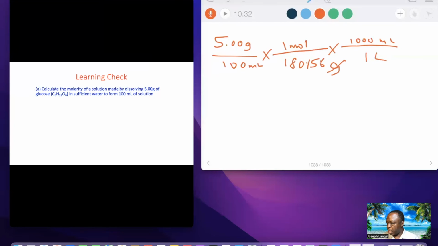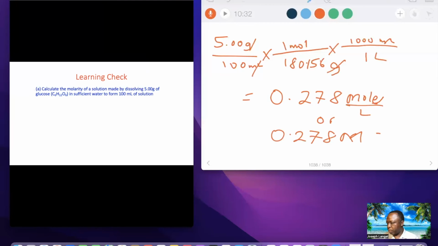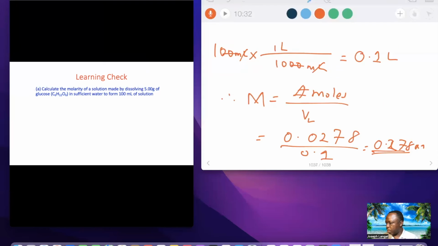Grams will go, mL and mL will go, and then you'll remain with moles per liter. This is the same thing. You should get the same answer, 0.278 moles per liter, or 0.278 M of C6H12O6 sucrose. All right, get that?